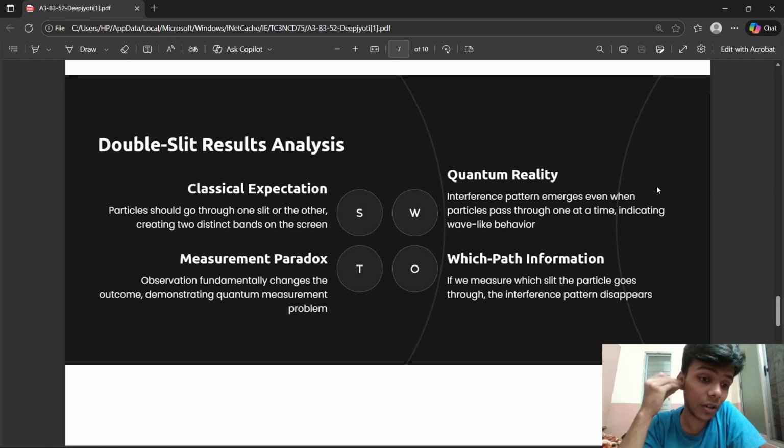Measurement paradox: observation fundamentally changes the outcome, demonstrating the quantum measurement problem. Quantum reality: an interference pattern emerges even when particles pass through one at a time, indicating wave-like behavior. And which-path information: if we measure which slit the particle goes through, the interference pattern disappears.